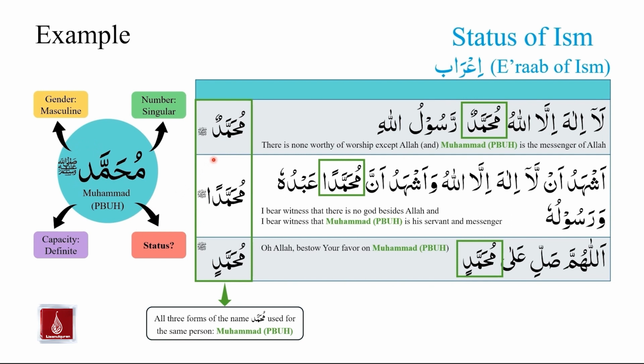But in the cases of Muhammadun, Muhammadan, and Muhammadin, we have the finishing touch at the end. We have changes occurring at the end of the Ism. Therefore, all these three examples have their grammatical status and they have their i'rab.